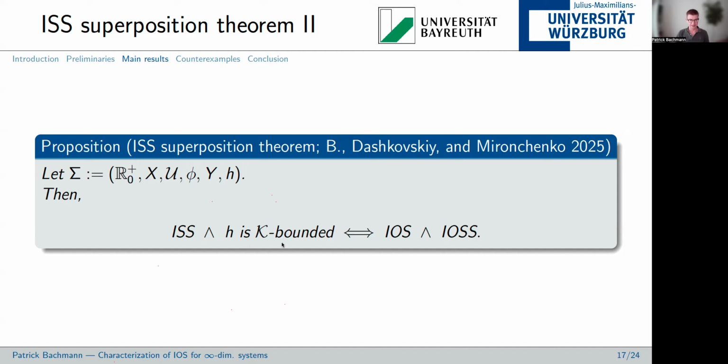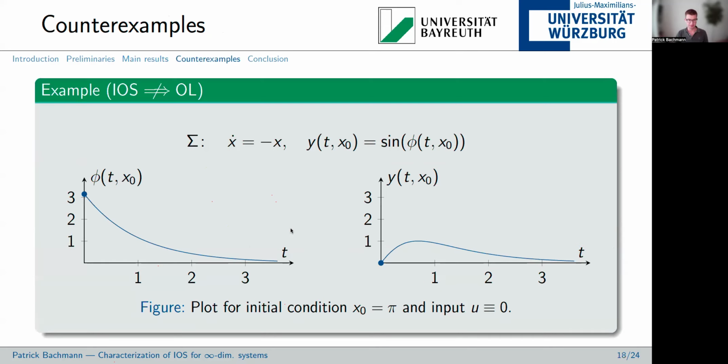Okay, these are the main positive results, and next I would introduce a few counterexamples to make everything a bit more touchable, let's say. So in fact, IOS and OL, input to output stability and the output-Lagrange stability, which was the stability completely on the output space, are independent properties, which can be seen in a simple one-dimensional example.